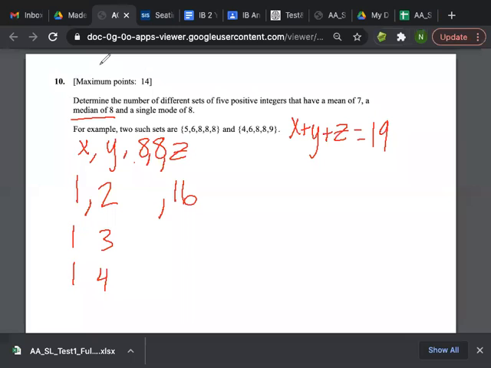Let's go with 11. When I plug in 11 and I plug in 1, I have 12, which leaves me with 7. That is the next smallest one. So I have an option with 11, 12, 13, 14, 15, and 16. So here I have 1, 2, 3, 4, 5, 6 options for this format with a 1 in front.